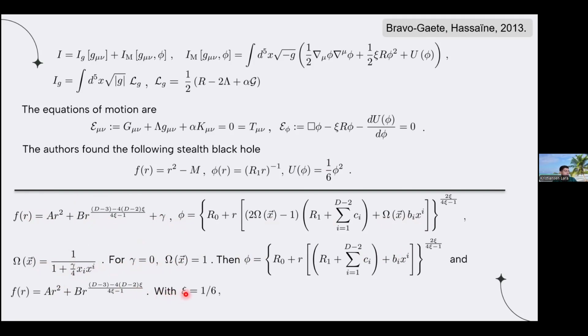Now, with chi equals 1 over 6 and R0 equals Ci equals Bi equals 0 in 5 dimensions, the scalar field reduces to this expression. So this expression is equivalent to this, and this is equivalent to this. So 1 over third divided by 1 over third is just 1, like this. Perfect.